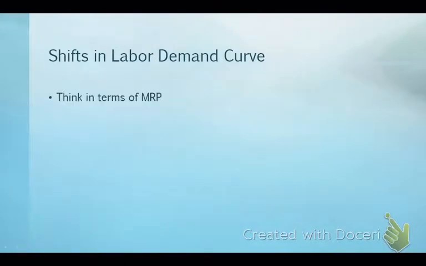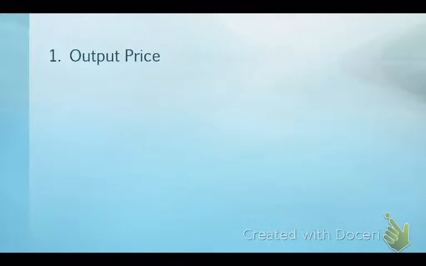Okay, think in terms of MRP. When you think of demand in the factor market, think in terms of MRP. Output price. If there's a change in output price, so that's the price of the product, then it's going to shift the demand curve because price determines MRP.